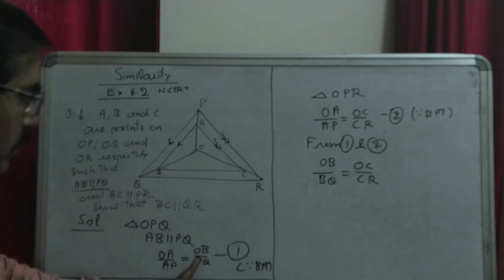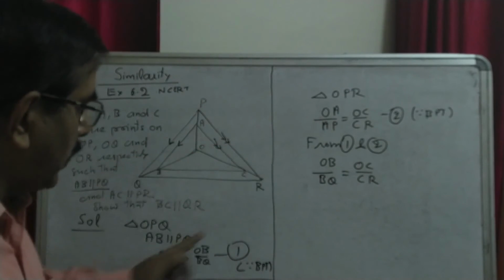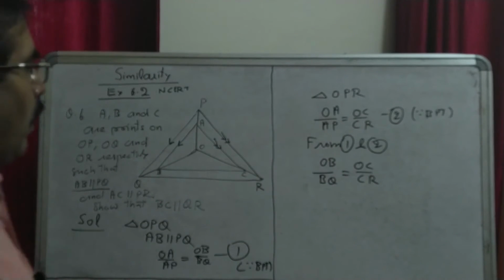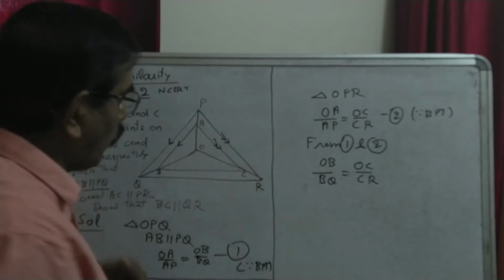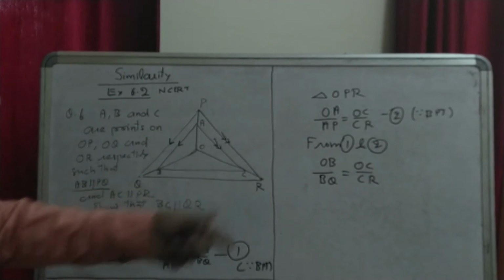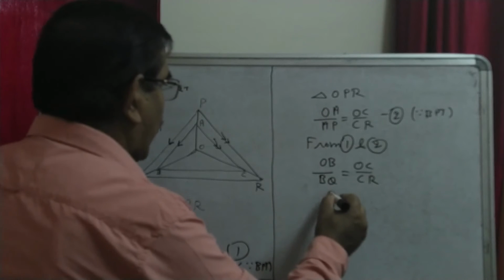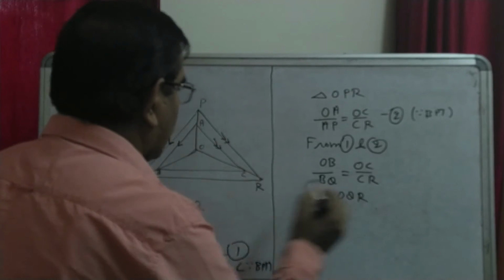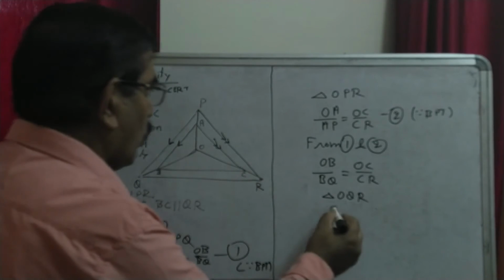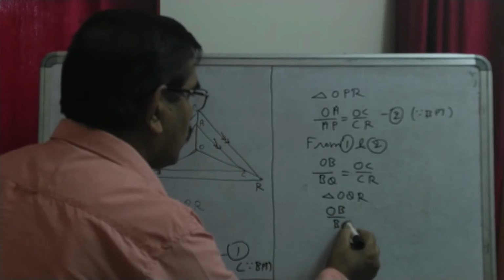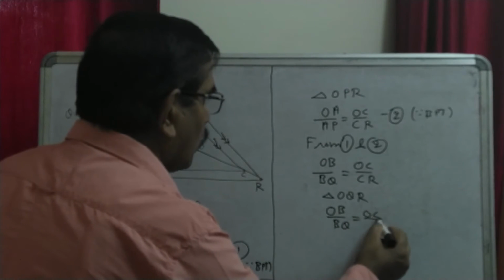If these two things are equal, then these two results will also be equal. Now children, we have proved one thing, this upon this is equal to this upon this. So now you take the triangle OQR. If you take the triangle OQR, you get here OB over BQ, which we have just proved, equals OC over CR.